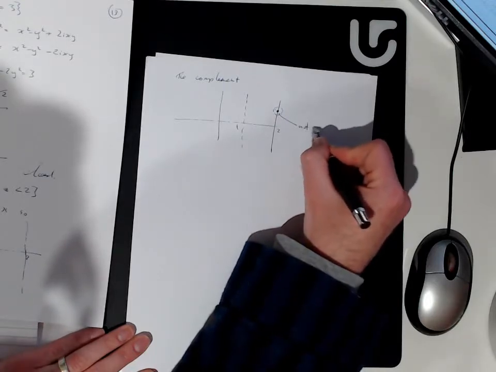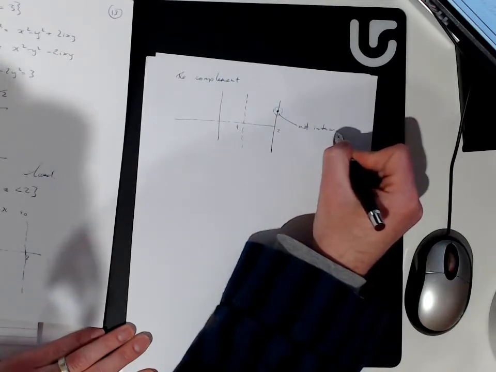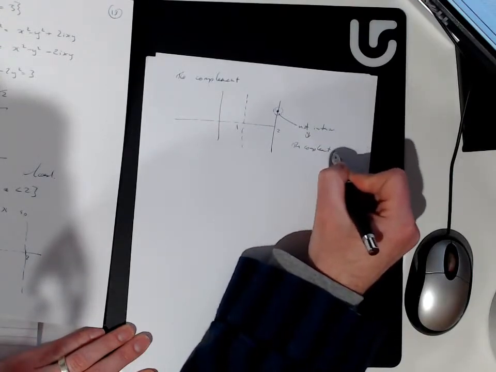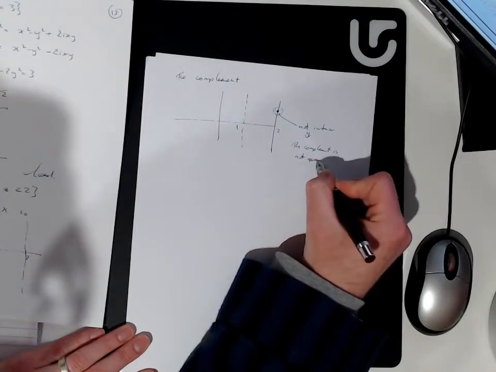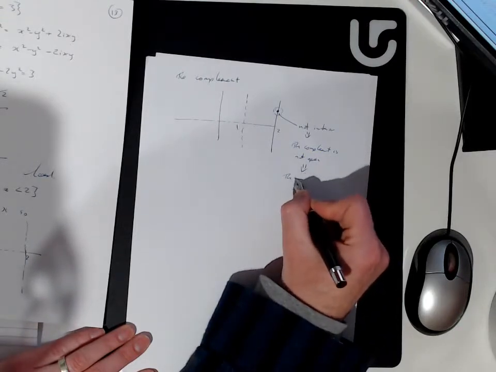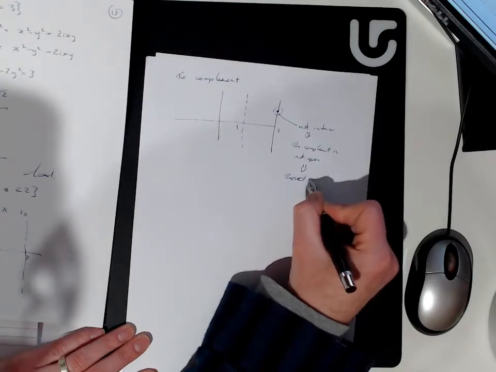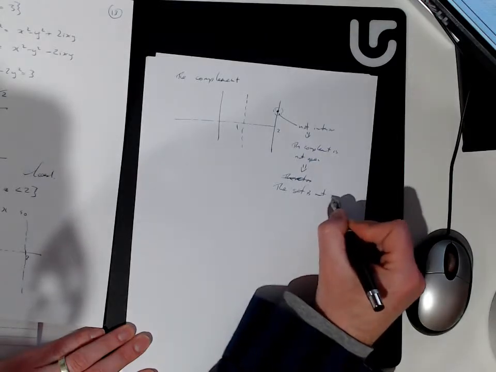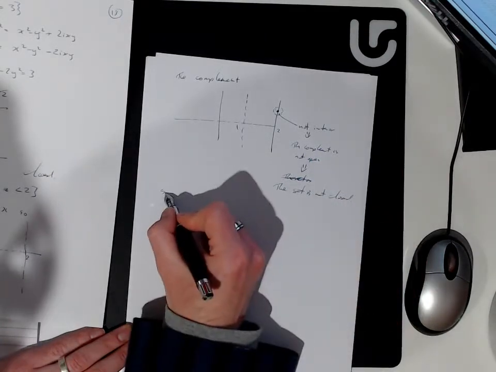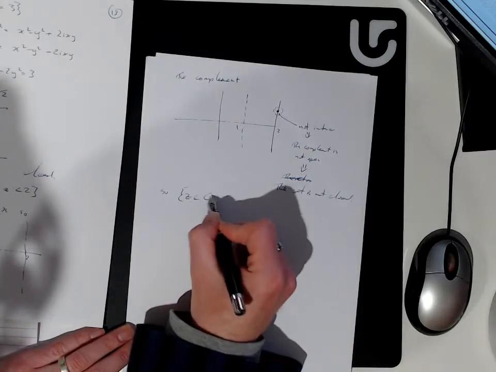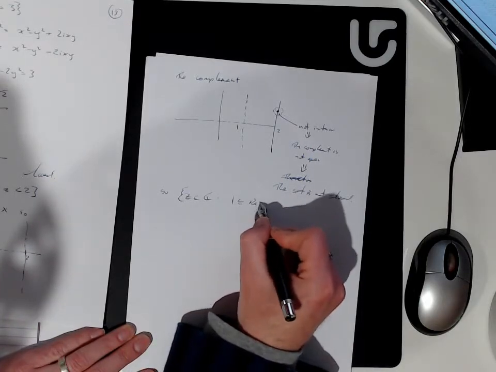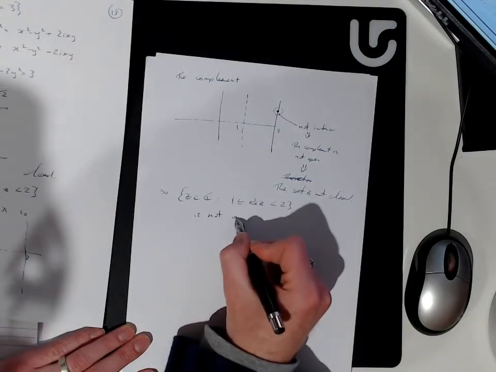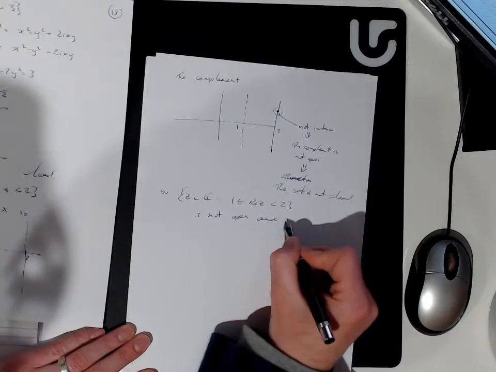So this is not interior, which implies that the complement is not open, which implies that the set is not closed. So z, an element of the complex numbers, 1 less than or equal to the real part of z, and strictly less than 2, is not open and not closed.